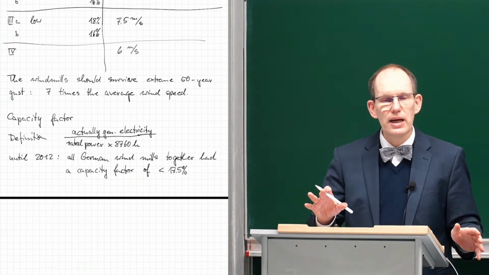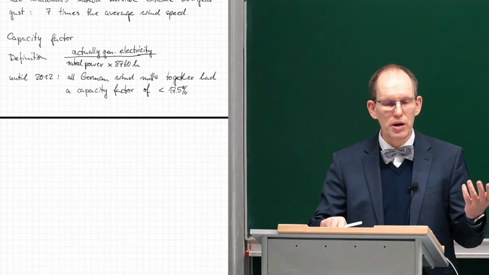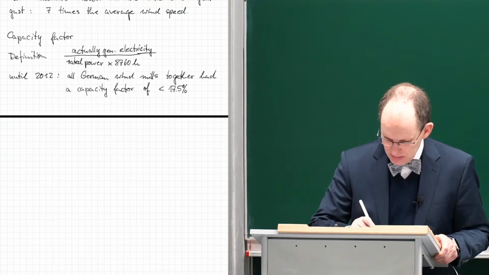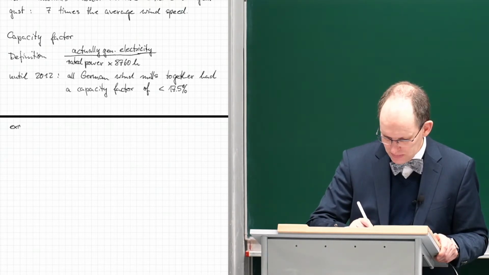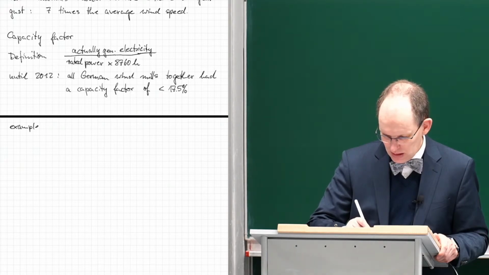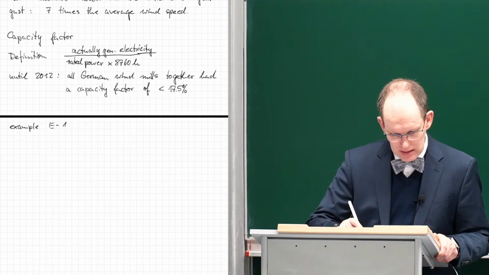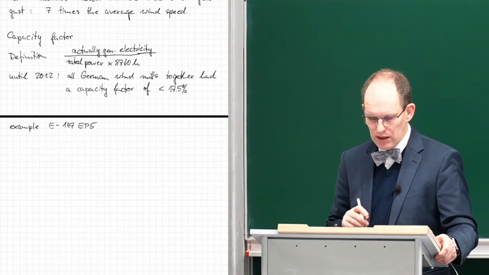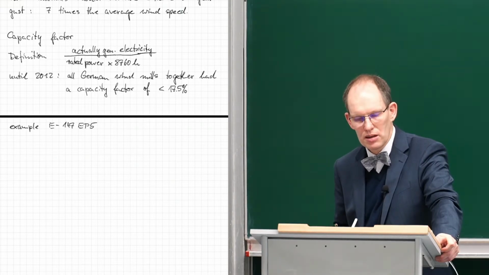Okay, now let's look at some more modern windmills. So one example would be an Enercon machine, a modern Enercon machine, namely the E147 EP5. So the nomenclature of almost all companies is pretty similar.